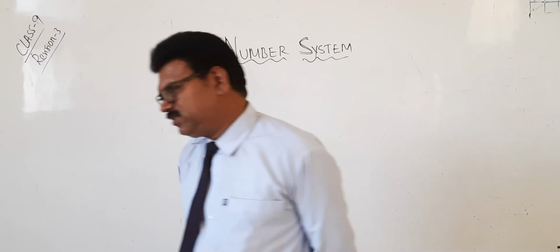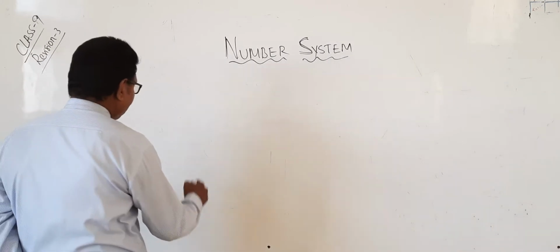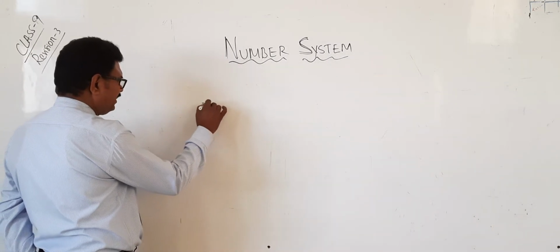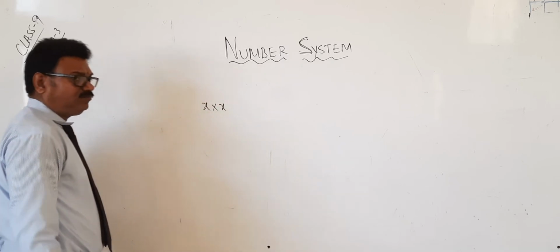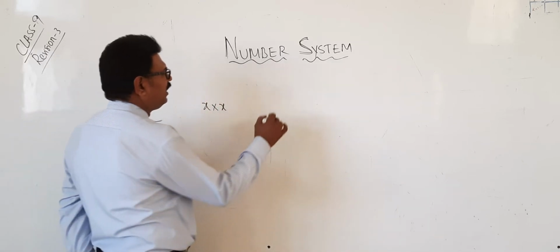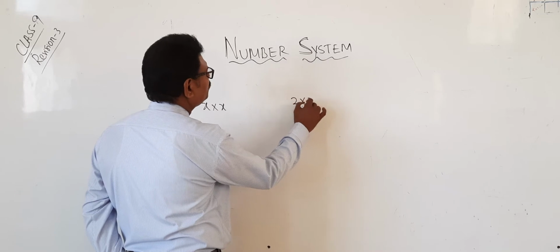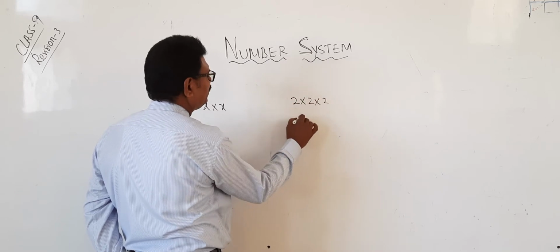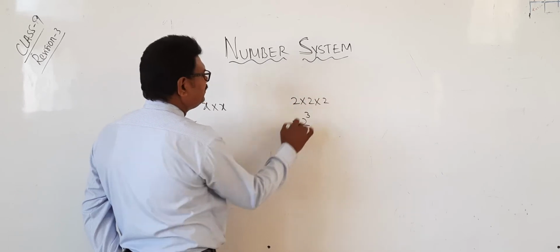For example, x into x. Otherwise, 2 into 2 into 2. That means, how many times am I writing 2? 3 times.